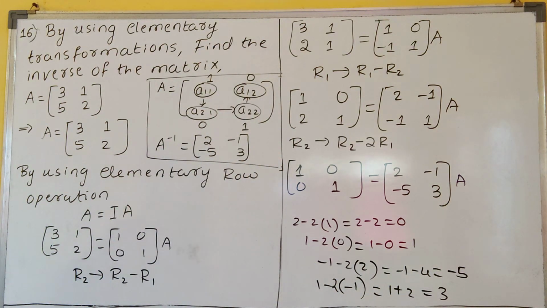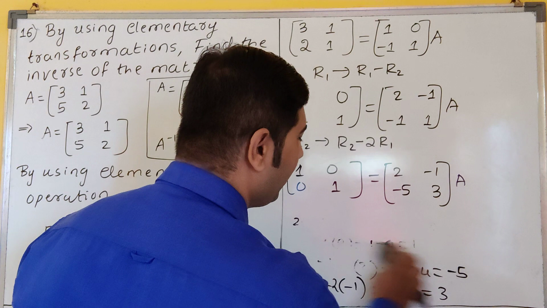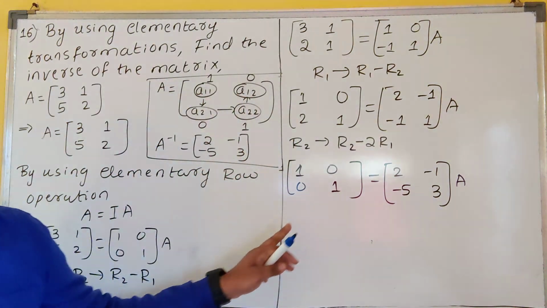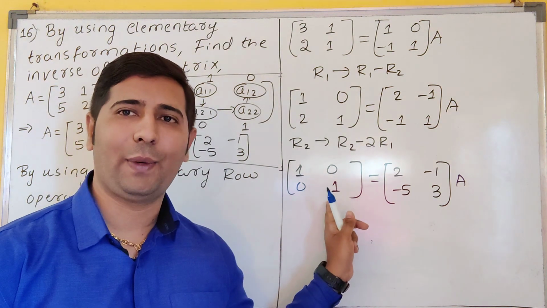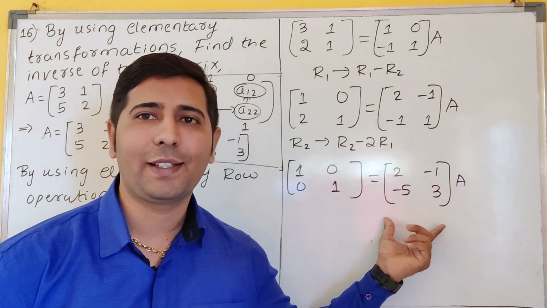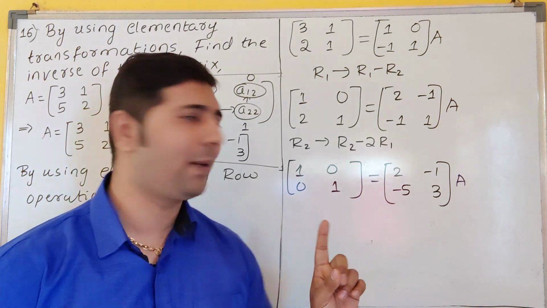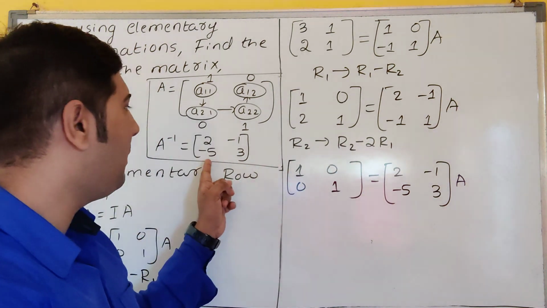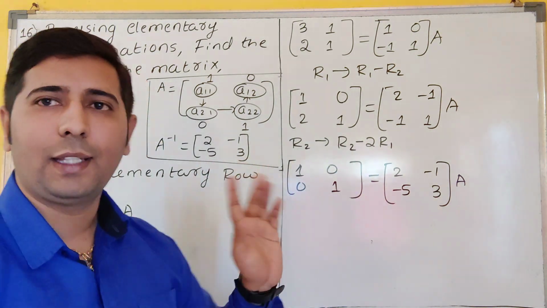So please compare. Now we got 1 0 0 1, or not? This side, can you see? 1 0 0 1. Understood? So if I got this, 100% this is nothing but A inverse, or not? So A inverse you will compare with our answer: 2 minus 1 minus 5 3. Yes or no?